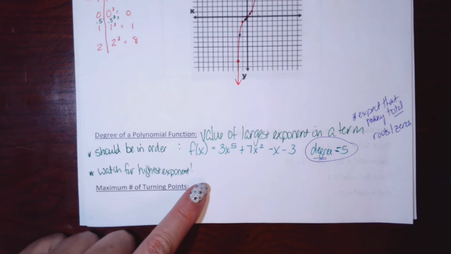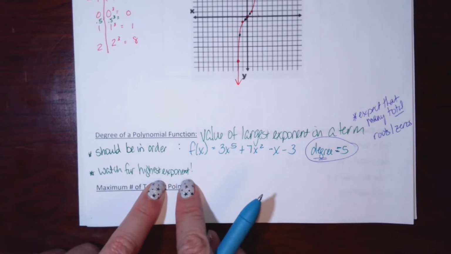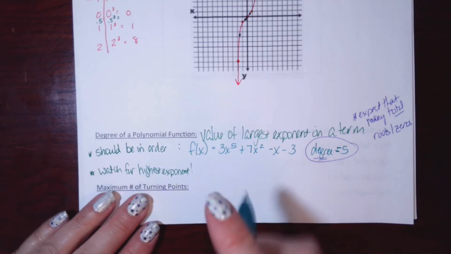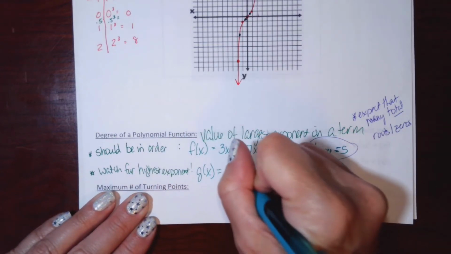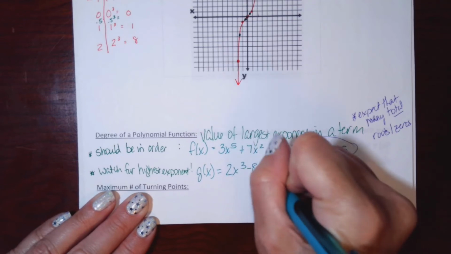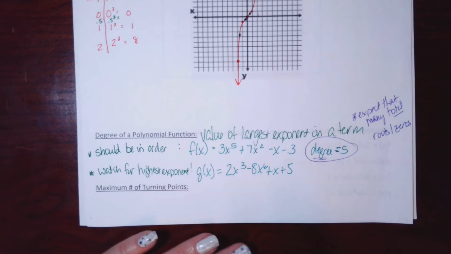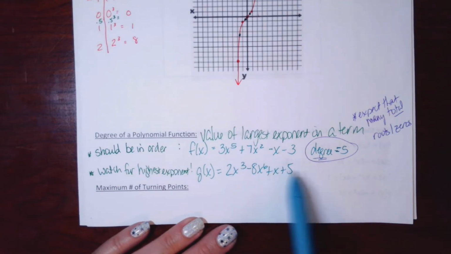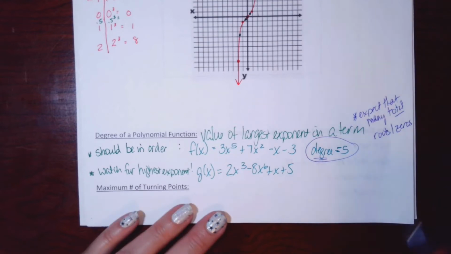Let's do another example. Watch out for that highest exponent. Remember, I warned you that sometimes my math lab messes with you just to see if you're paying attention. In that case, it's not necessarily going to list your terms in order. So this looks like a polynomial because my exponents are positive integers again, but my first term is not the leading term.